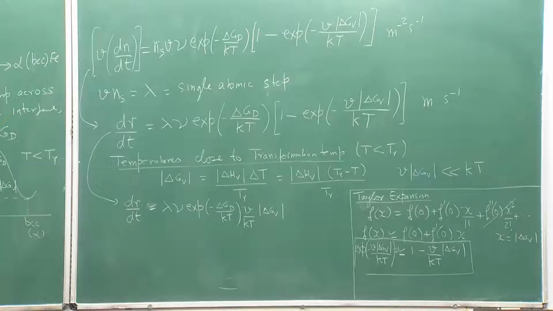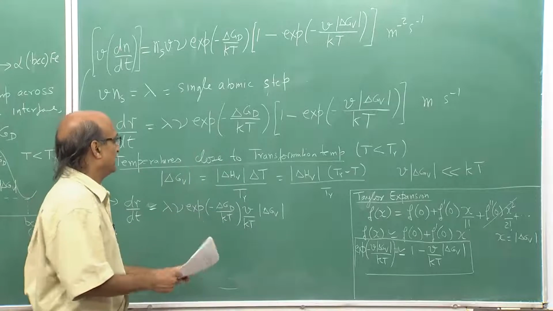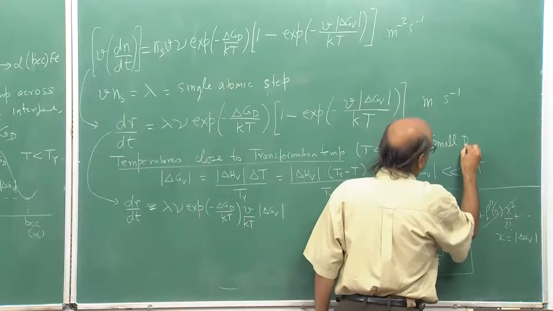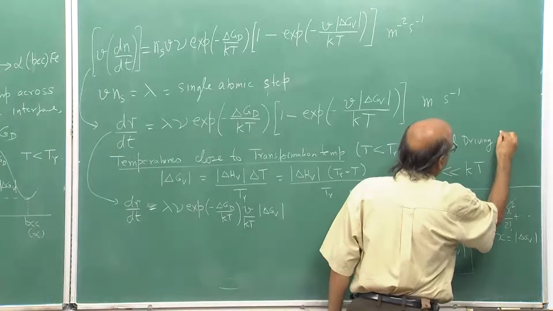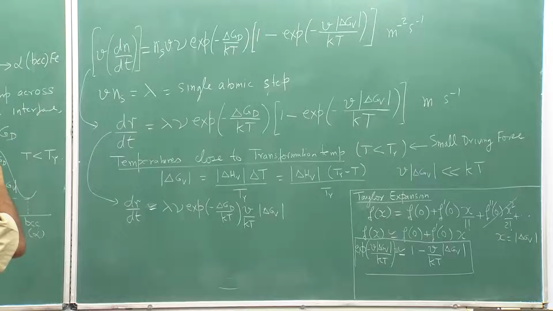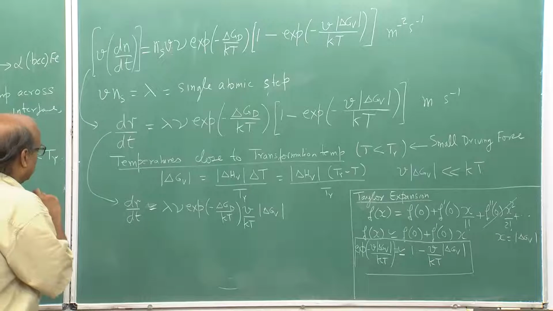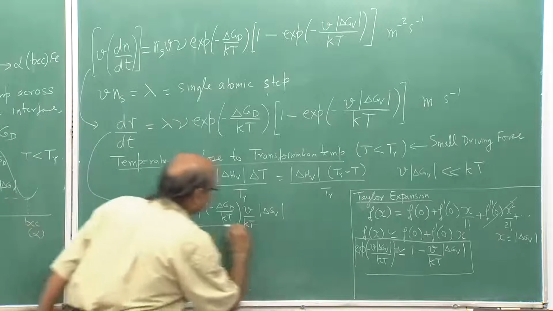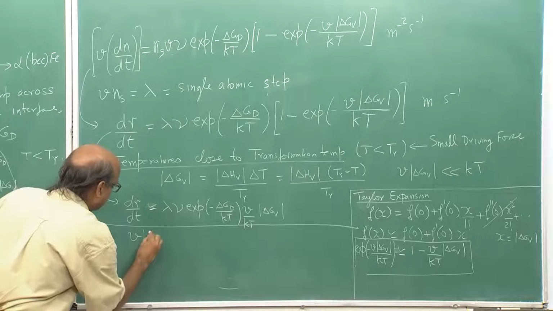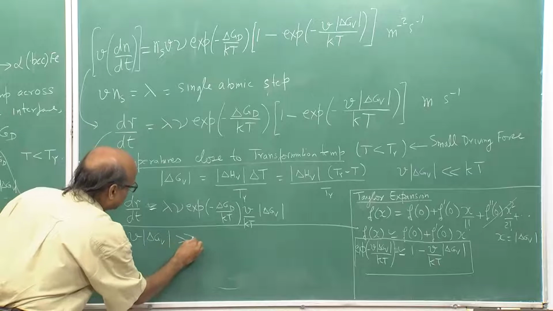Now what could happen when the driving force is very large? Here this was a situation where the driving force is small. What would be the situation when the driving force is large? What does that mean? That means that v delta GV is much larger than kT.